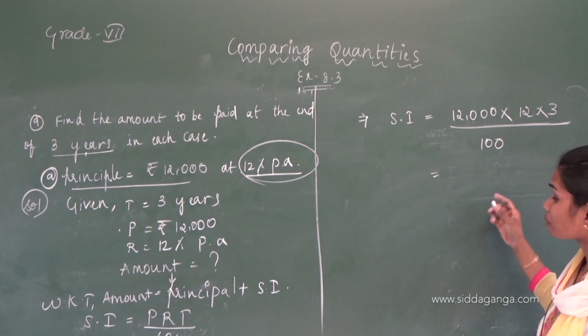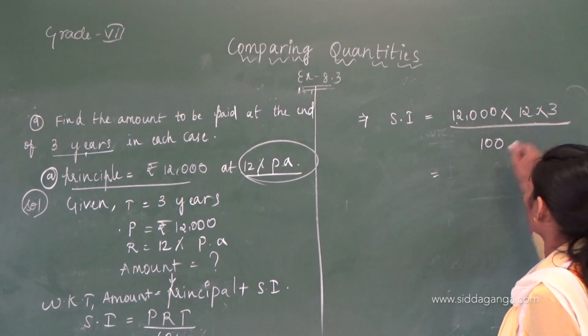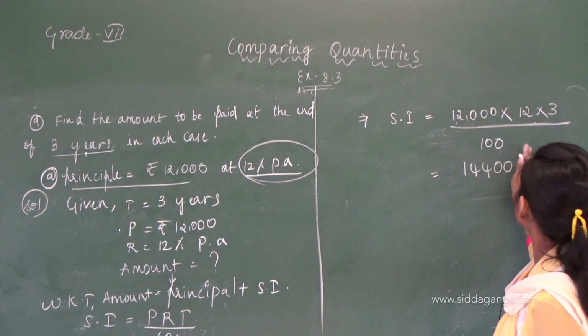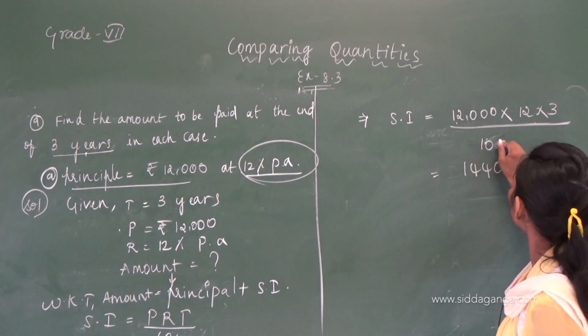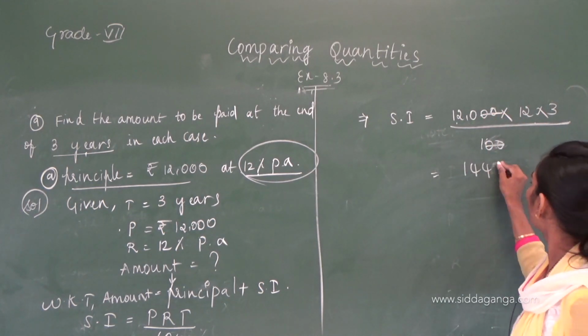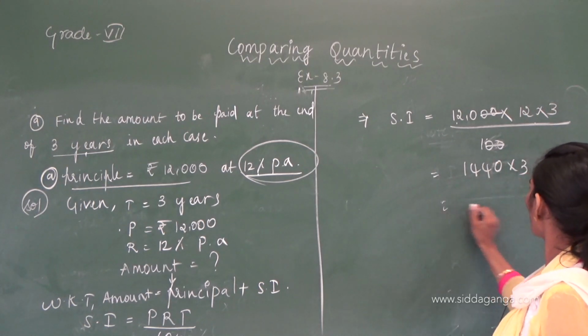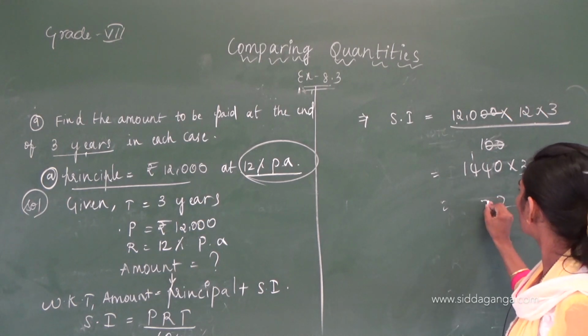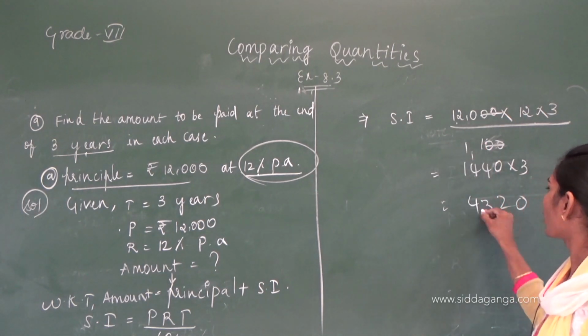Here 12 12s are 144, and 2 zeros we can cancel here.